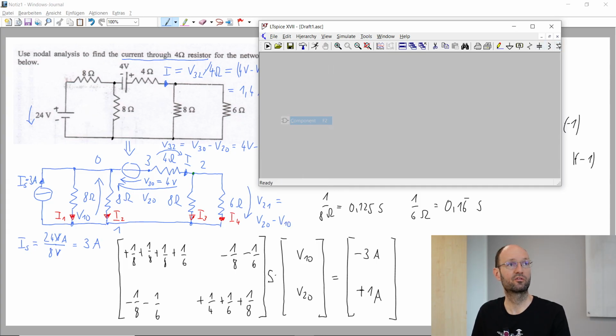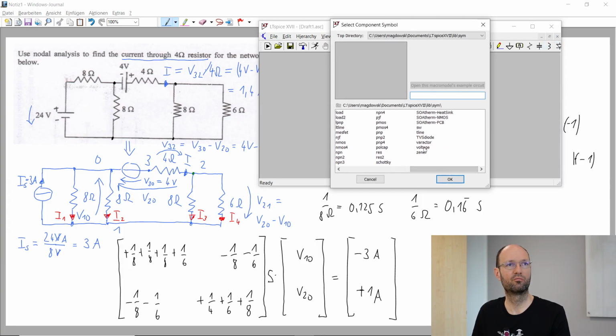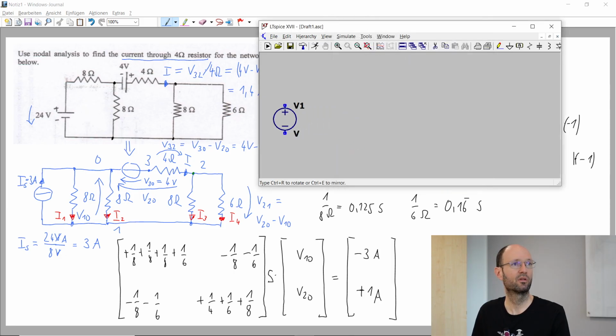The voltage source can be found under component and voltage. So we need one voltage source here, and with Control R I can rotate, and we need another voltage source there, and then we can place one resistor here. I will rotate it another time.